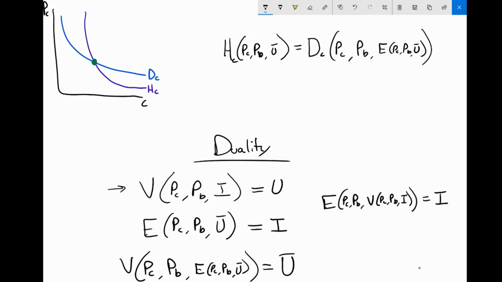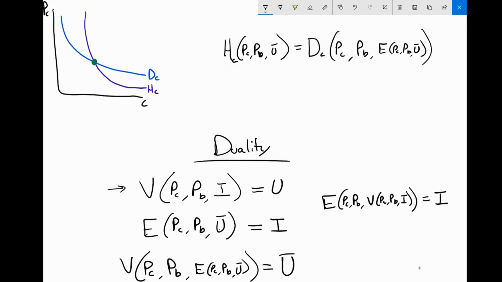So basically, normally my uncompensated demand function is a function of prices, and then it's a function of income. Well, instead of having income here, we're going to plug in the optimized expenditure function. So it's going to be income at the optimal point, the optimal level of income.